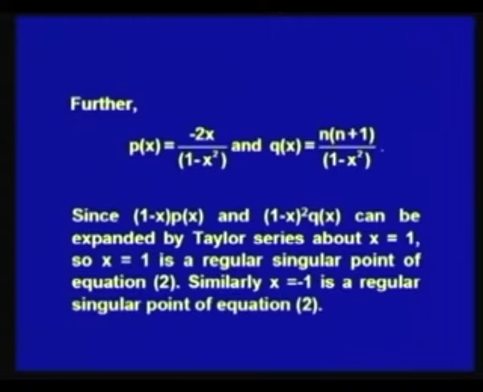Now let us multiply p(x) by 1 minus x and q(x) by (1 minus x) whole square. We note that the resulting functions have removable singularities at x equal to 1, and therefore they can be expanded by Taylor series about x equal to 1. So x equal to 1 is a regular singular point of the differential equation 2, and similarly we can see that x equal to minus 1 is also a regular singular point of equation 2.